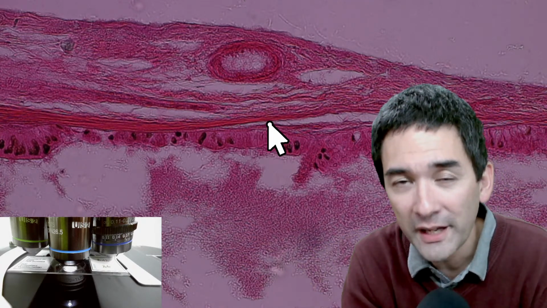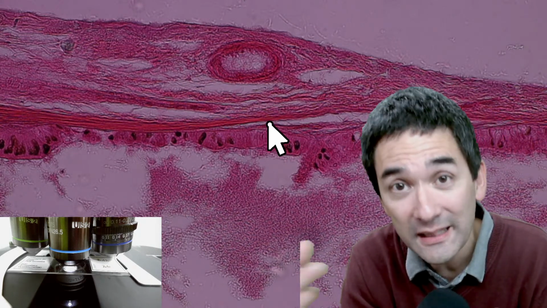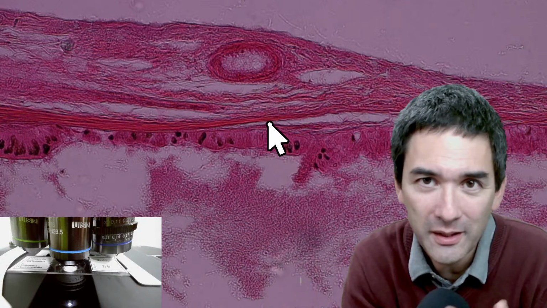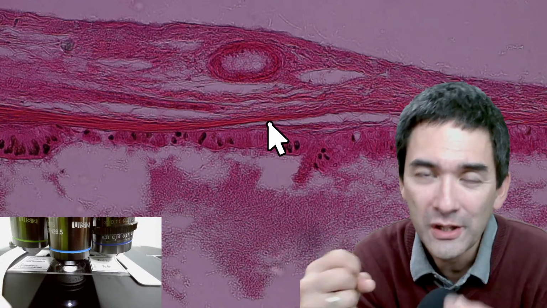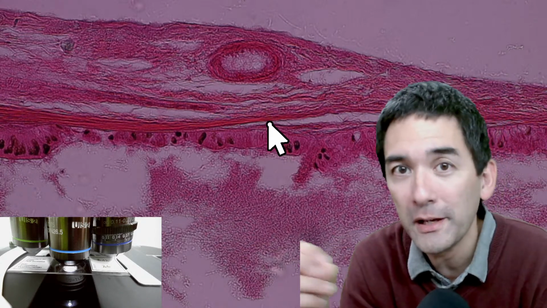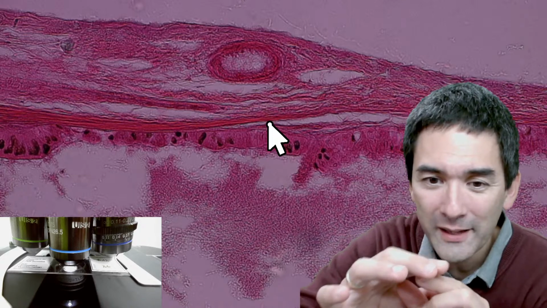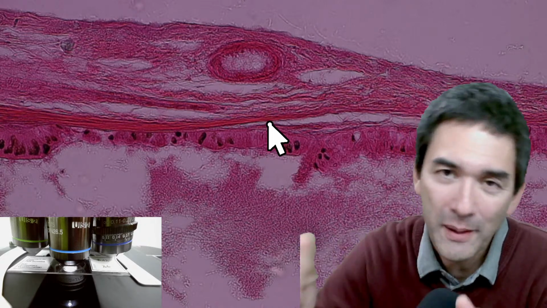Then you have to transfer it into a solvent called xylene. Xylene is again a solvent which is not so healthy. That's why it's not recommended for home use. After xylene, you have to put it into paraffin, which is a form of wax. Then you put it into wax blocks, and then you can cut it with a microtome.